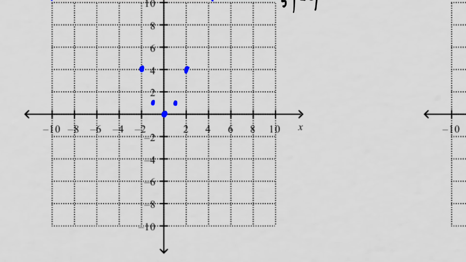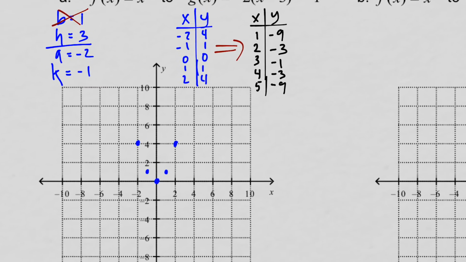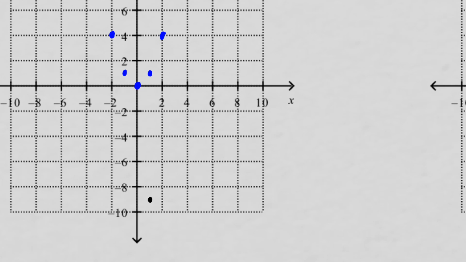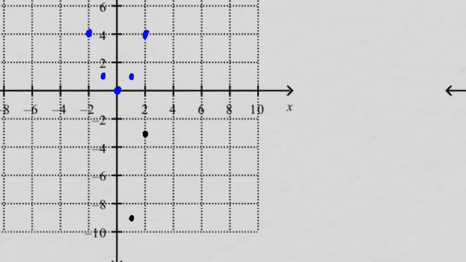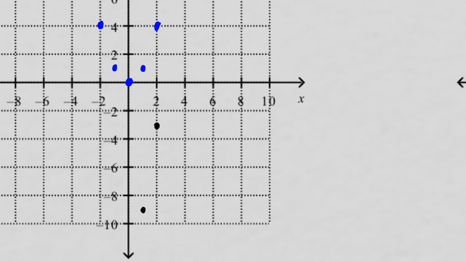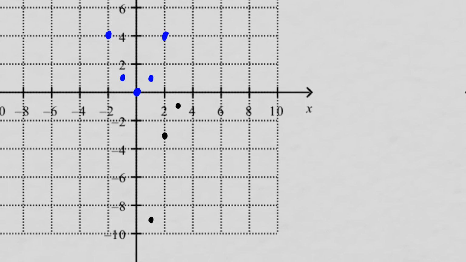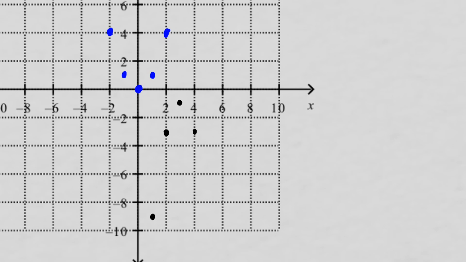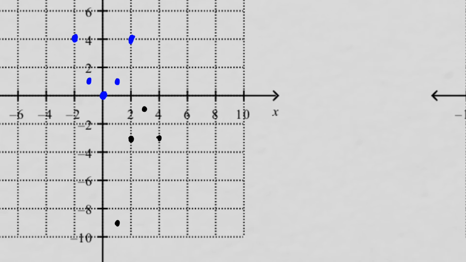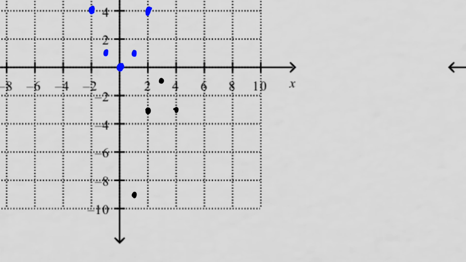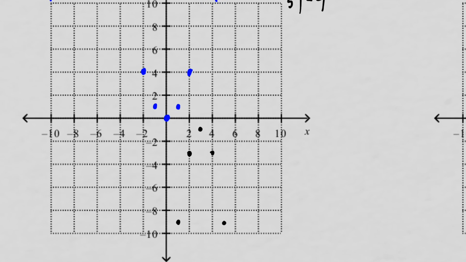That one's going to be in black. 1, negative 9 right here. 2, negative 3 right here. 3, negative 1 right here. 4, negative 3 right here. 5, negative 9 right over here. Alright, just connect them and you're done.